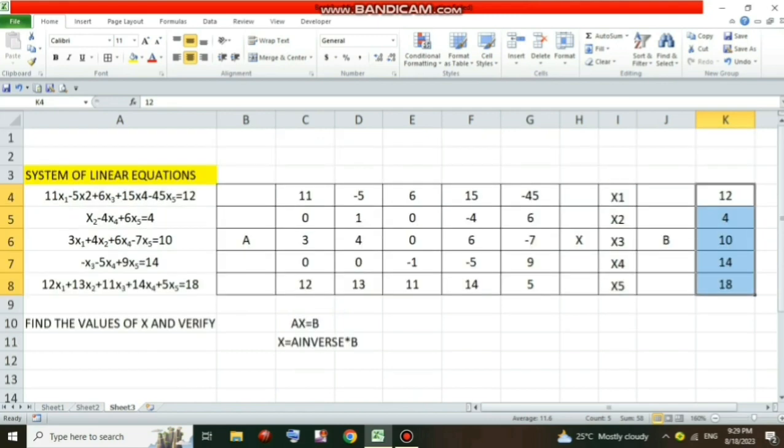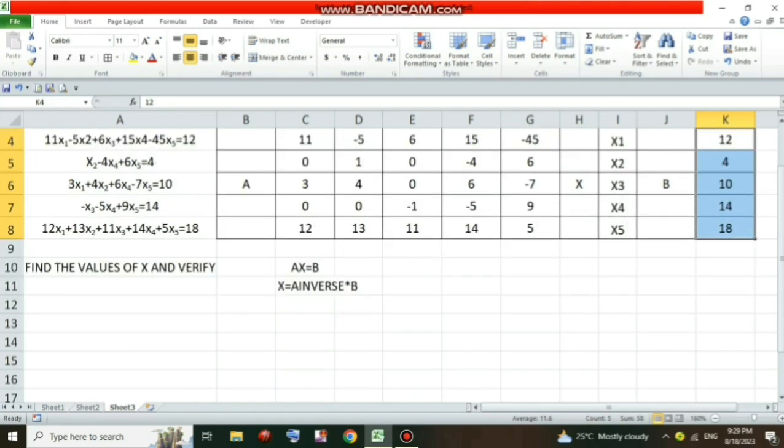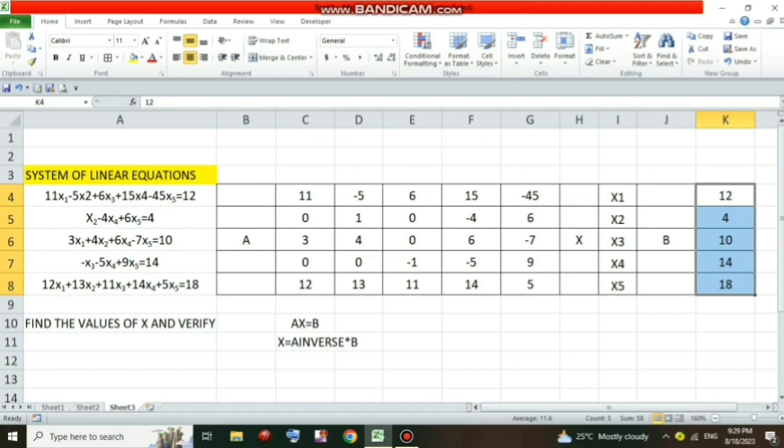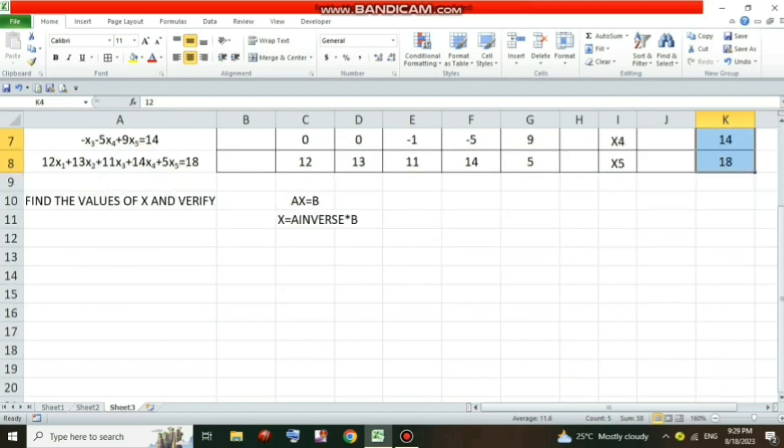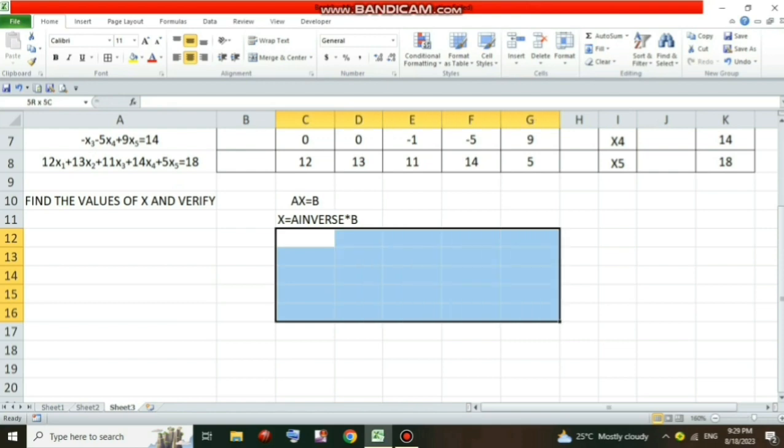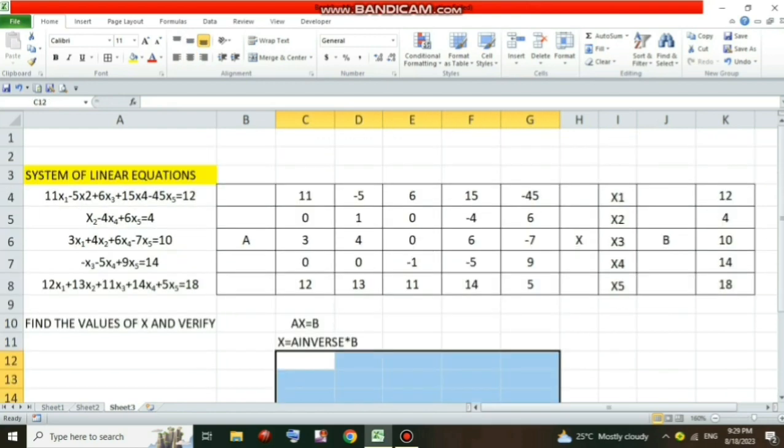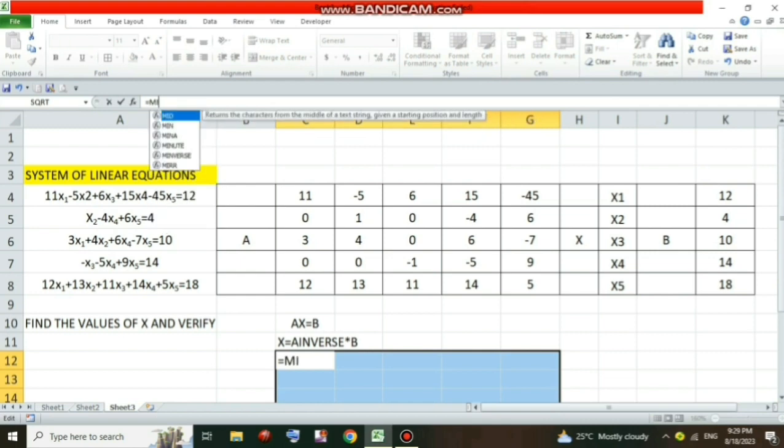Okay, so let's first find the A inverse. For A inverse you have to select 5 cross 5 cells, that is very important. So I have selected 5 cross 5 cells. Now I'll type in the formula bar MINVERSE, open the brackets, and select this array, the table I need.